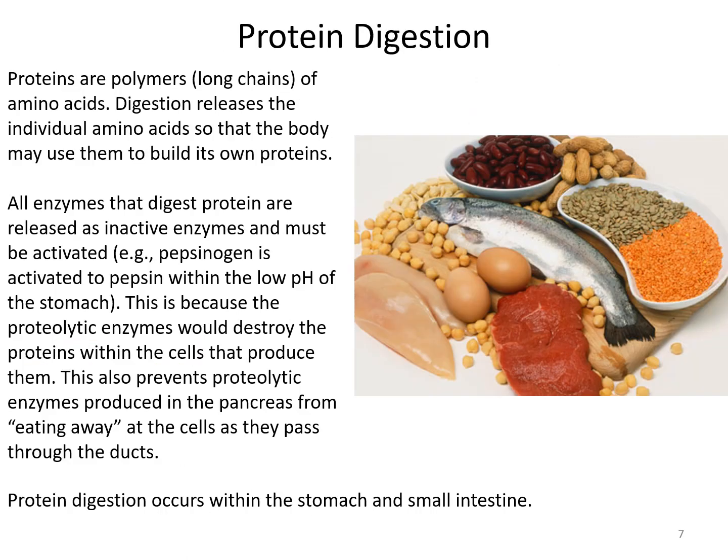Okay, protein digestion. Proteins are polymers, which are again long chains of amino acids. So when we're talking about digestion of proteins, we are talking about the release of the individual amino acids so that our body can then use them to build new proteins that we need. Anytime we're digesting these things, we've got to break them down into their smallest unit in order to absorb them.